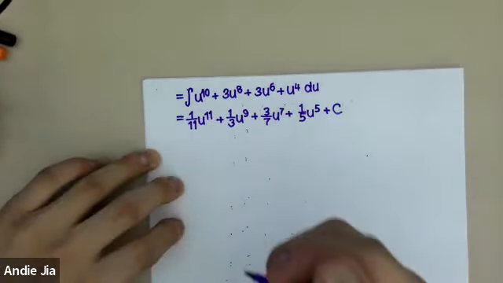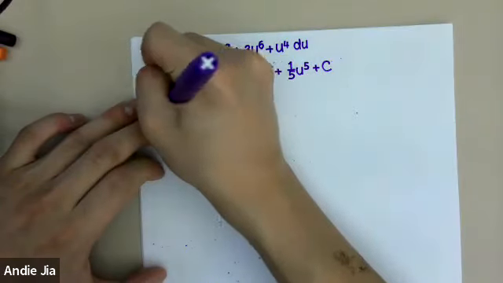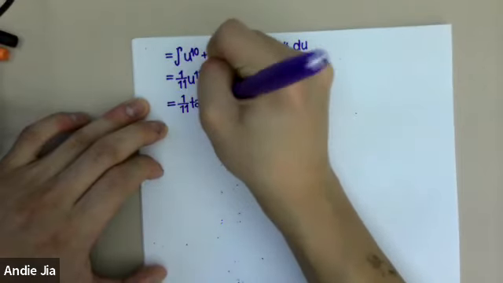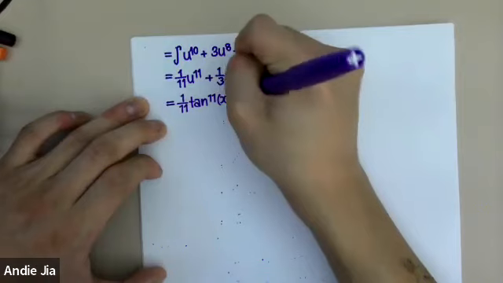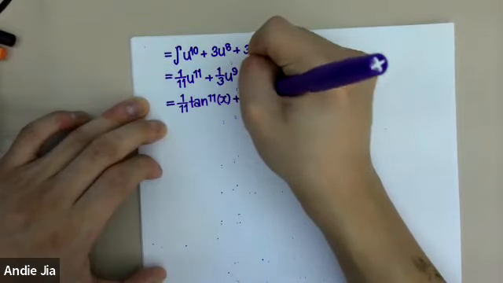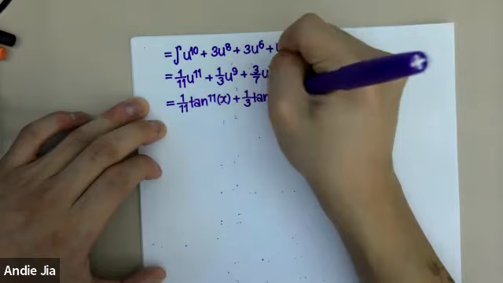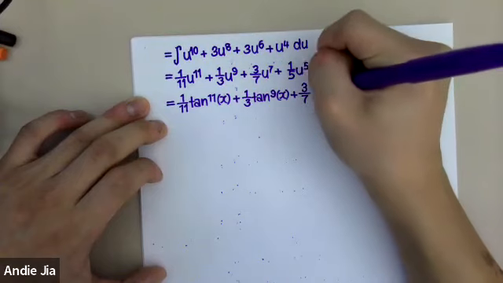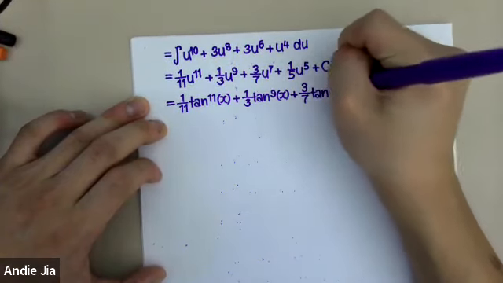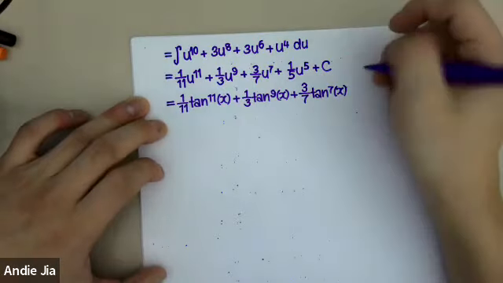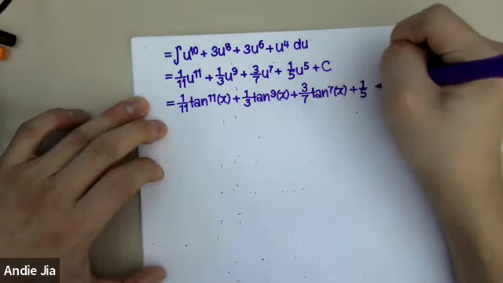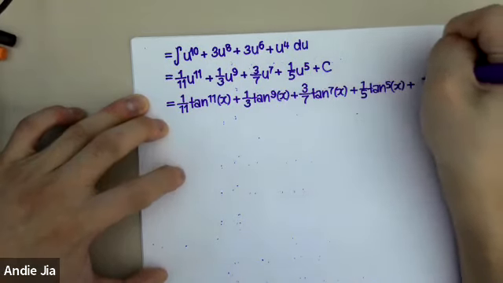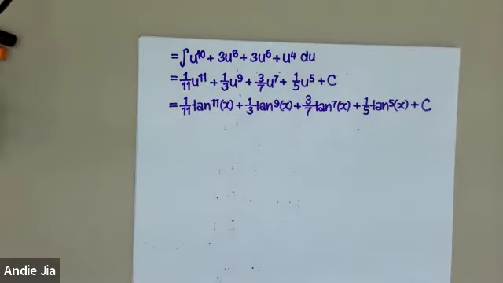So the final answer would be 1 over 11 tangent to the 11 of x plus 1 over 3 tangent to the 9 of x plus 3 over 7 tangent to the 7 of x, then plus 1 over 5 tangent to the 5 of x plus constant of integration. Wow, this is a long integral.